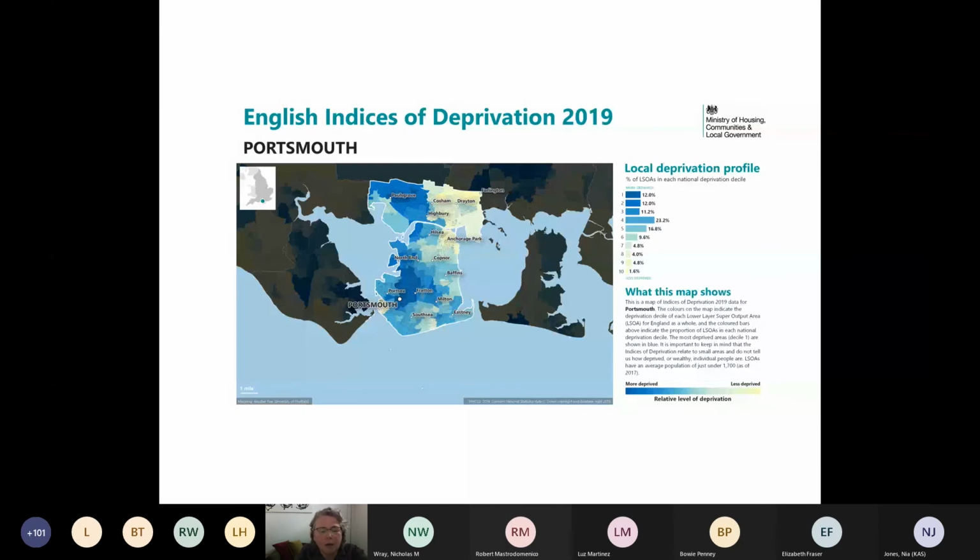You can see where the Portsmouth wording is across the bottom. There's a light area there, so quite close to a very deprived area is a relatively well-off one. This is around the dock area and the historic old Portsmouth area.